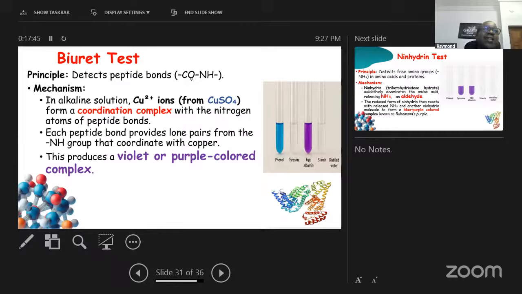So you might be asked, which of the following will test positive to Biuret reagent? Look for anyone that is a protein. If you see any protein option, that's the answer. If there is no protein option, choose none of the above.